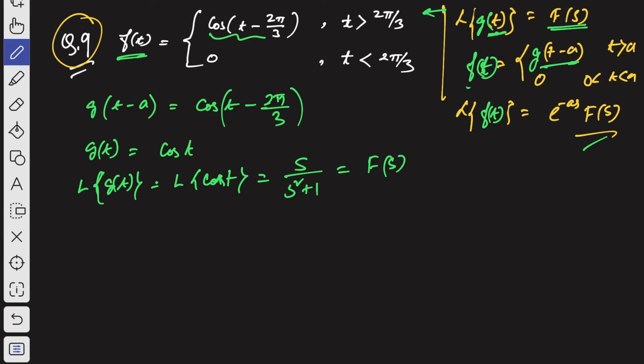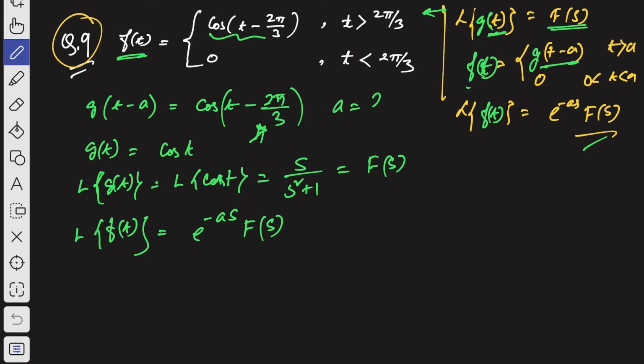So now Laplace transformation of f of t is going to be e to the power minus as times capital F of s, right? So here you see, instead of a we have this 2 pi by 3.